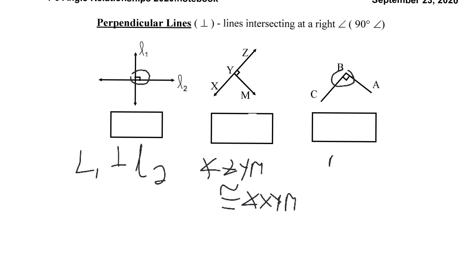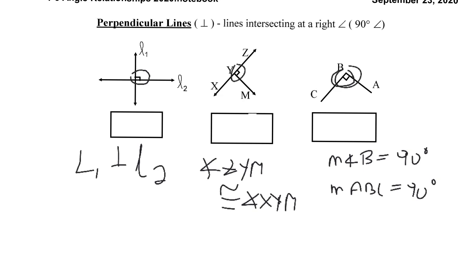We can say that the measure of angle B is equal to 90 degrees, or angle B is a right angle, or the measure of angle CBA or ABC is equal to 90 degrees. So every time you see this box notation, that indicates a right angle, 90 degrees, perpendicular.